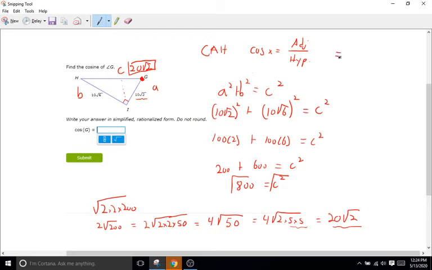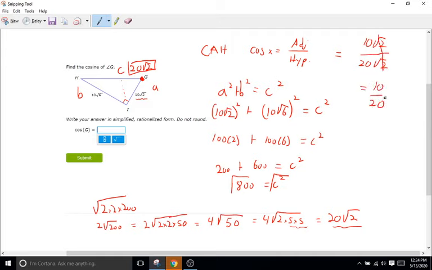So I'll go back up here, and cosine of g is going to be the adjacent, which is 10 square root of 2, all over our hypotenuse, which we just found to be 20 square roots of 2. Okay, and now from here we can simplify. The square roots of 2 are going to cancel out, so we're left with 10 over 20.